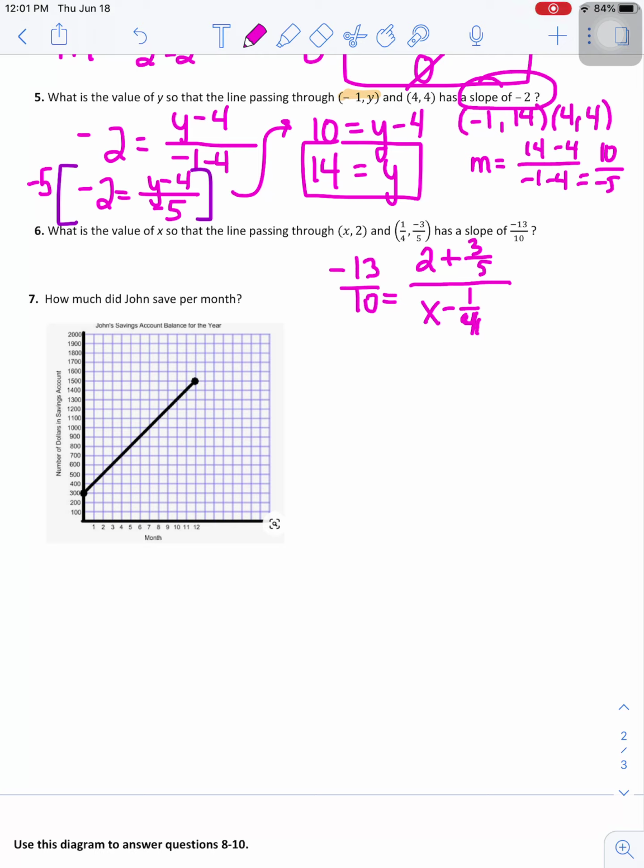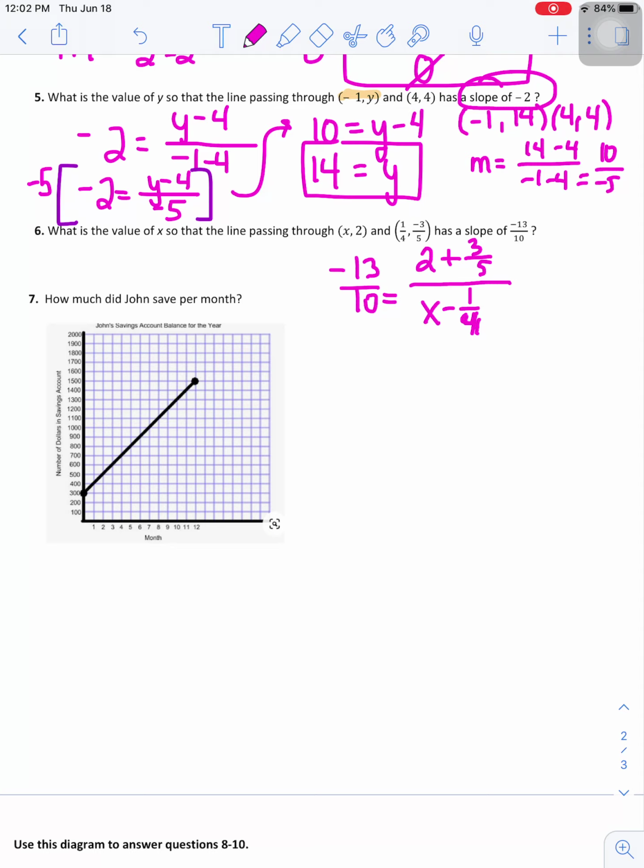Now, this one looks a bit scary, because there's lots of fractions, and on the right-hand side, you have what we call complex fractions. You would still do the same exact thing. You could multiply through, or you could simplify it out.